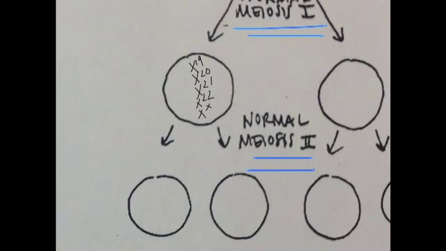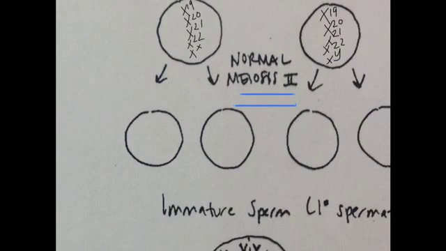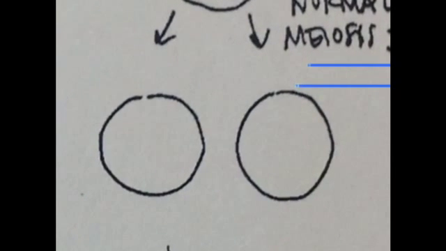And then on the other side, I'm going to do the same thing, but with a Y chromosome. And that's because the male has an X and a Y, and so when they pair up in metaphase 1, you have an X chromosome on one side and a Y chromosome on another side.